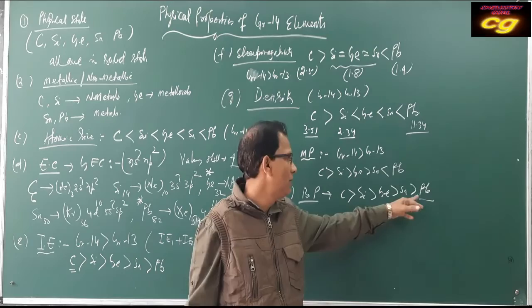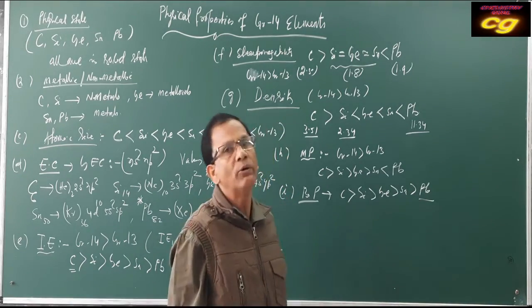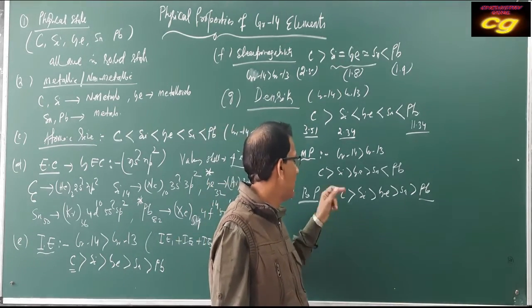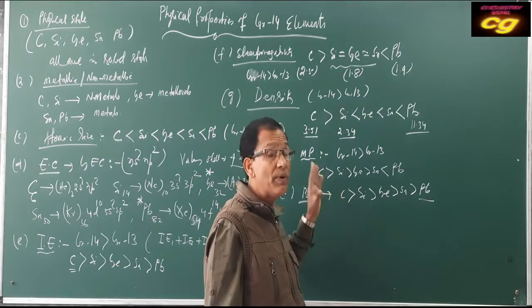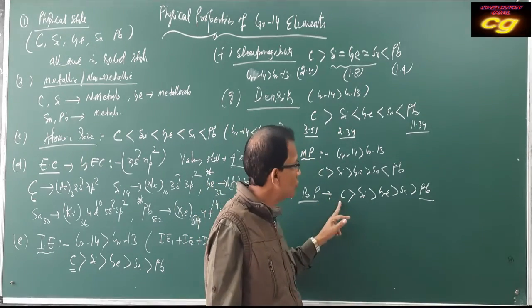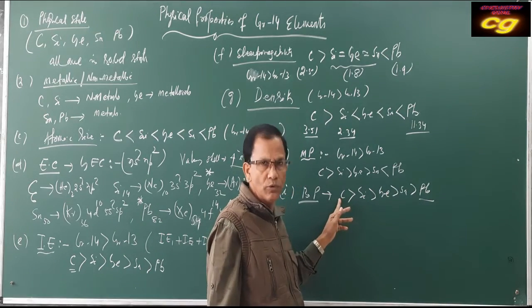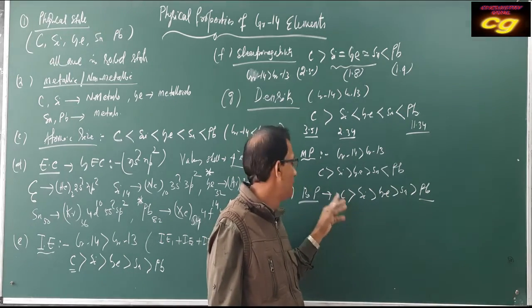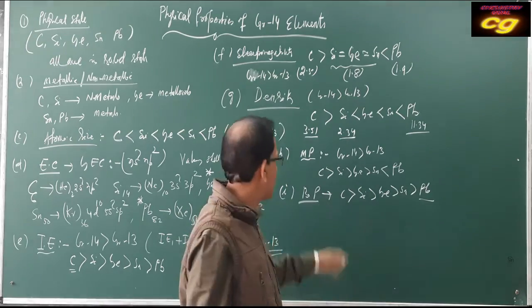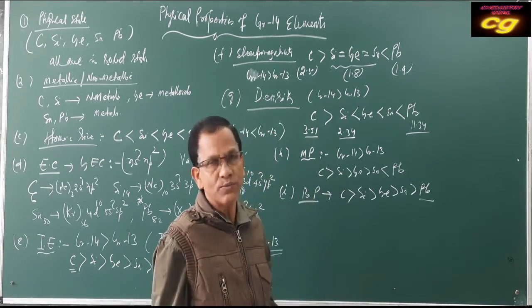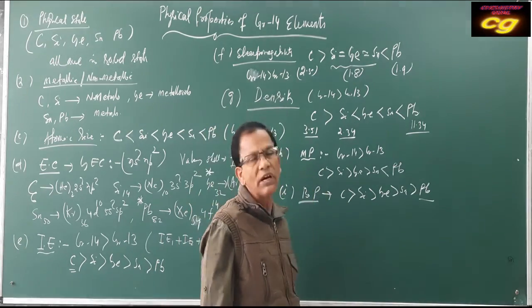The bonding is weak compared to carbon, due to small size and higher covalency. Here it depends on valency. Compared to lead, the covalence of carbon is more. The covalent bond forming nature of carbon is more, and a very strong bond is produced. That's the boiling point of carbon.